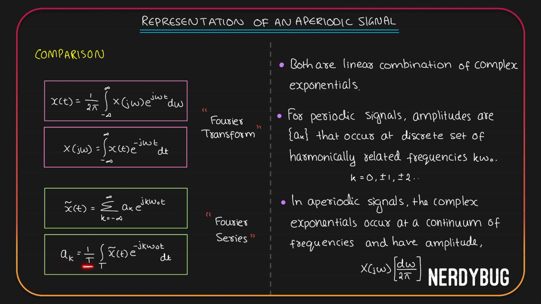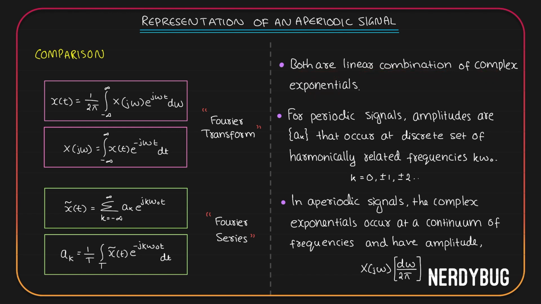Ak is given by 1 by T integral over one time period x tilde of t e raised to minus j k omega naught t dt, and x of j omega is given by integral from minus infinity to infinity x of t e raised to minus j omega t dt. Now, the first thing about these equations is that both are linear combinations of complex exponentials.